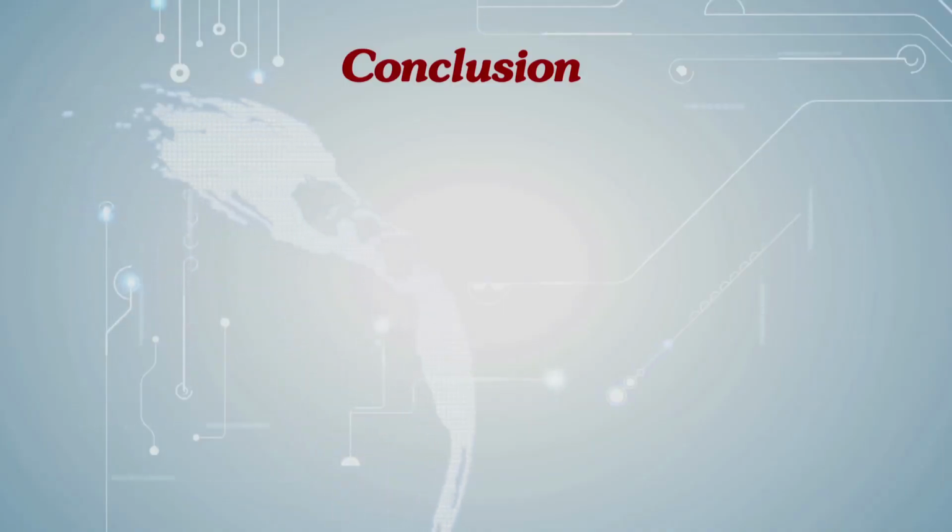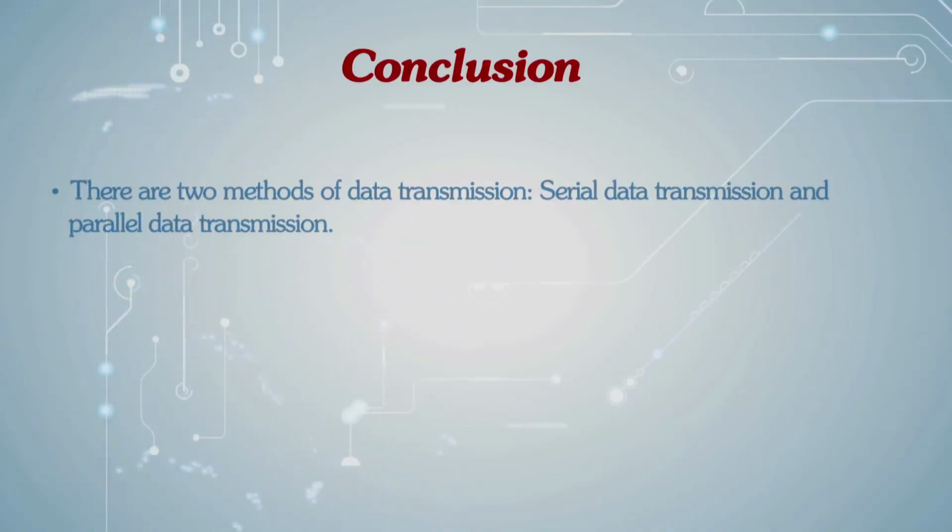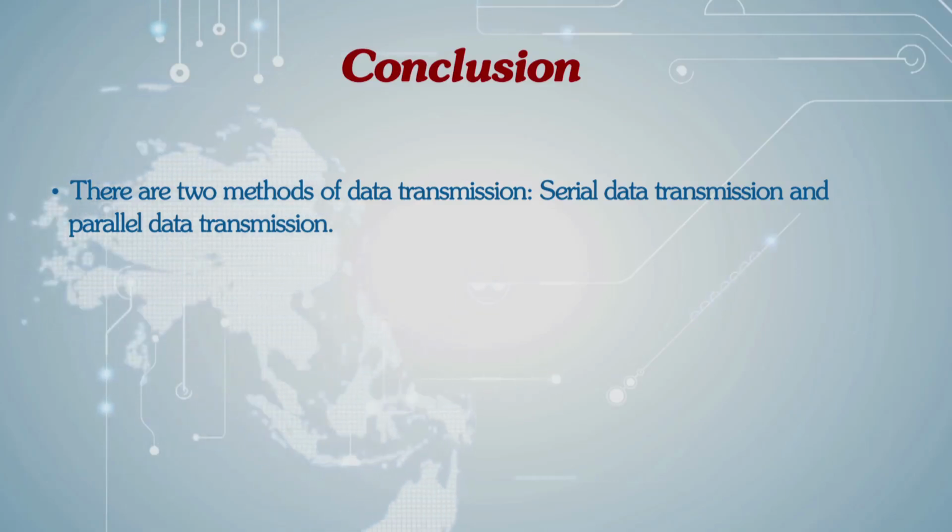The data has to reach correctly, data has to reach timely, there should not be any jitter, and data has to reach in the same form as it was sent, with the same sequencing maintained on both sides. So the conclusion: two methods of data transmission.